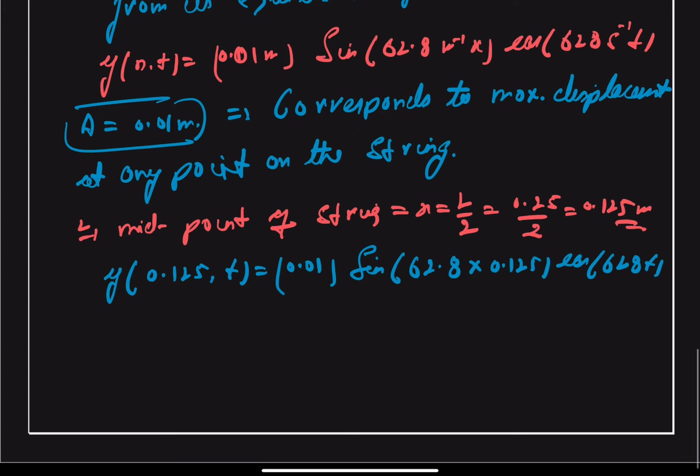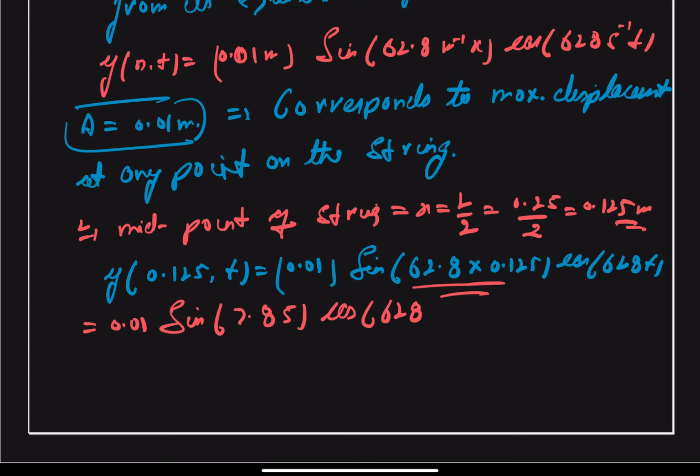So from here this value will be coming as approximately 7.85. So we can rewrite this as equal to 0.01 sine of 7.85 cos of 6 to 8 multiplied by t.